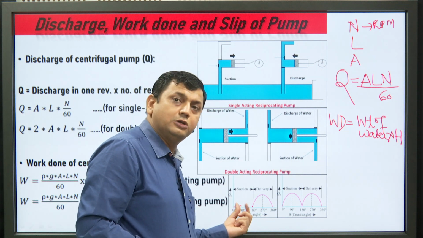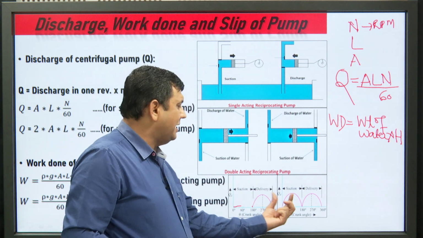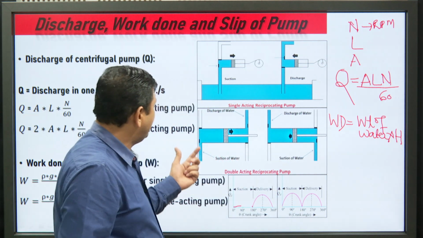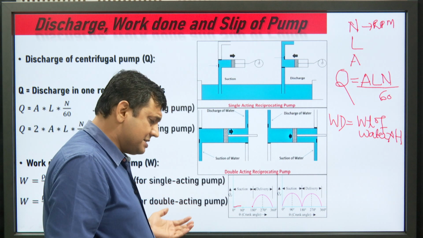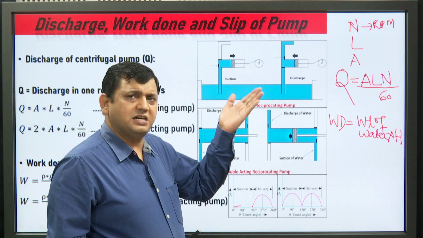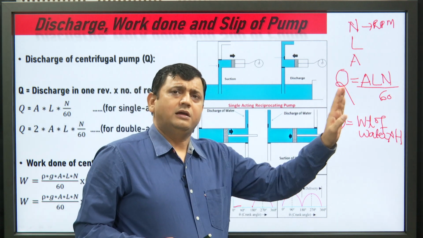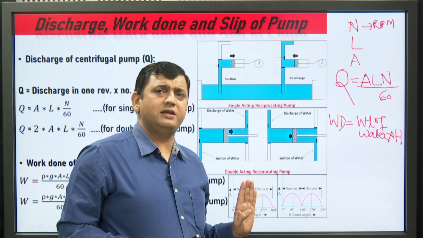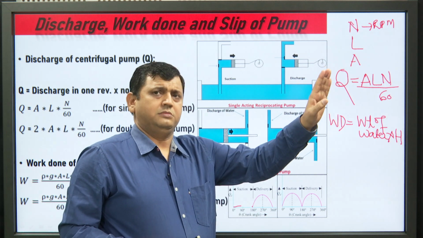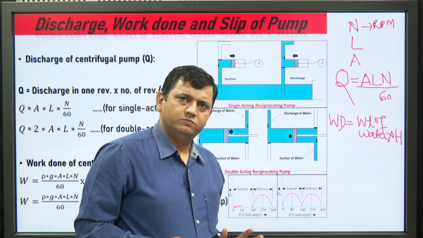So, there is no output, but in the case of the double acting pump, both times, simultaneously with suction, we get delivery. So, S1 means suction 1, D1 delivery 1, suction 2, D2 delivery 2.